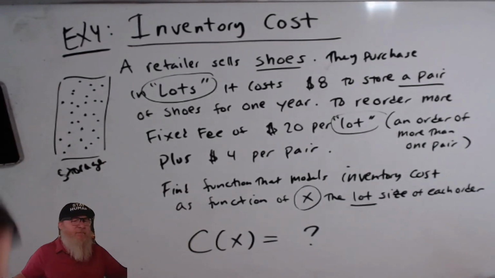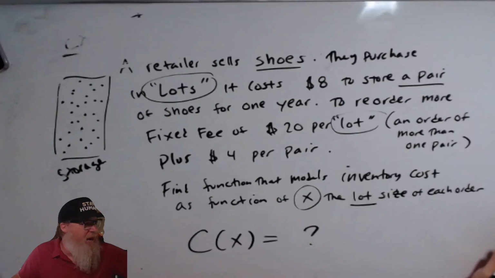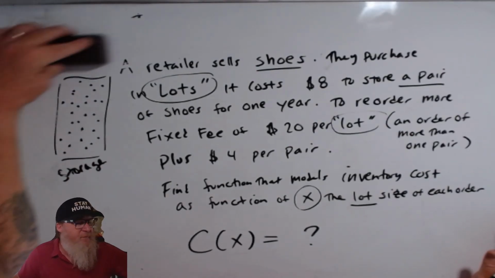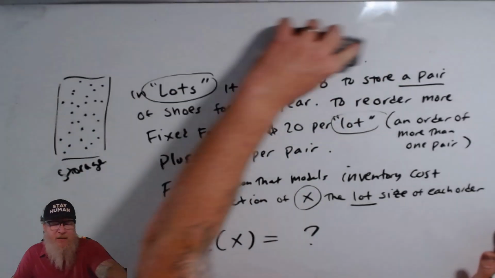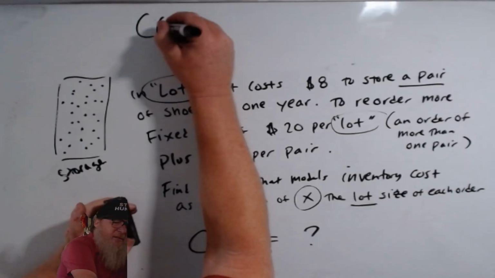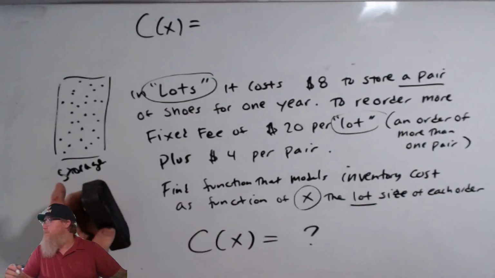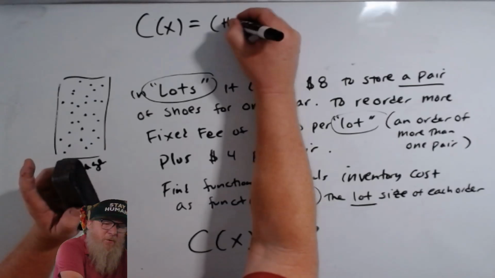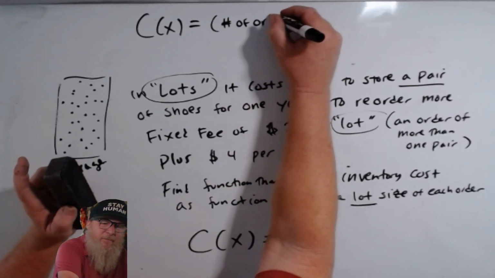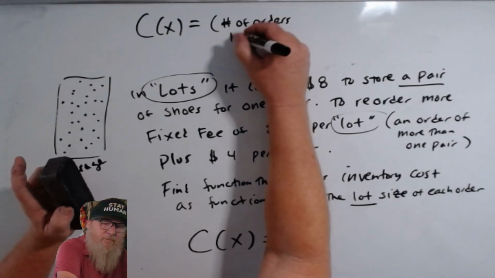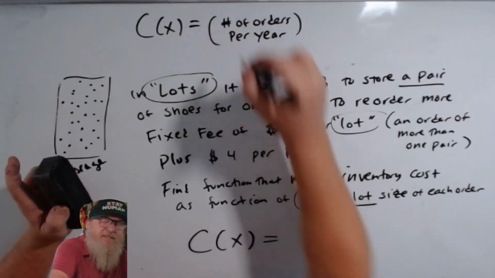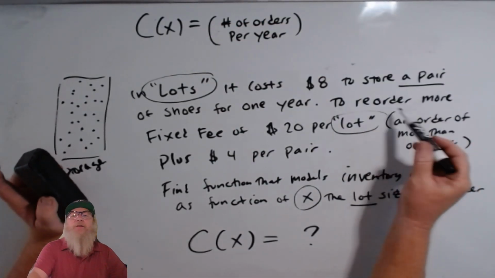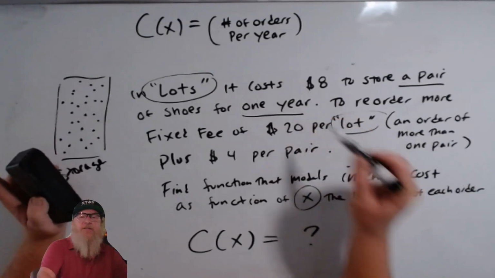All right, let's do it. It's a lot like the box problem. We're going to have to oversimplify it and think about what that cost is. So cost is the number of orders per year. I'm assuming that we're just doing this annually, because everything was given in terms of a year.